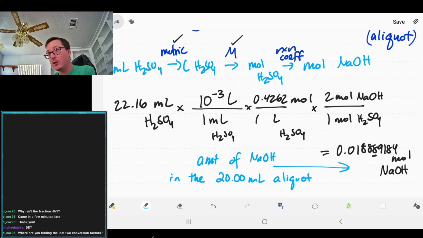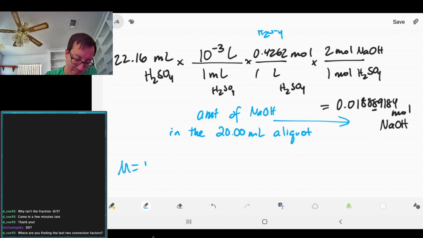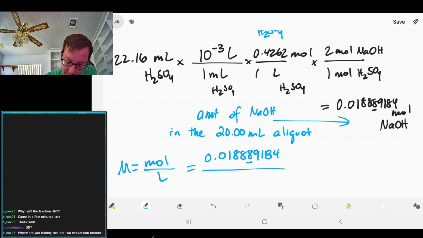We now have moles. If we want to find molarity, remember molarity is moles over liters. So moles of sodium hydroxide over liters will give us our molarity of sodium hydroxide solution. Not too bad. And so that should be 0.018889184 with 4 sig figs divided by 0.02 liters.